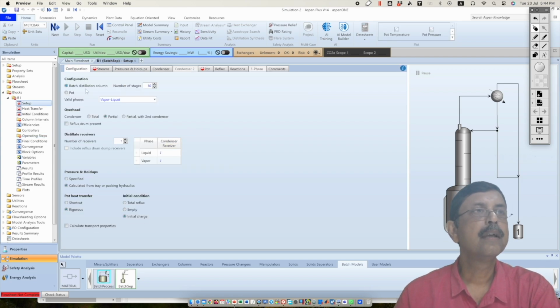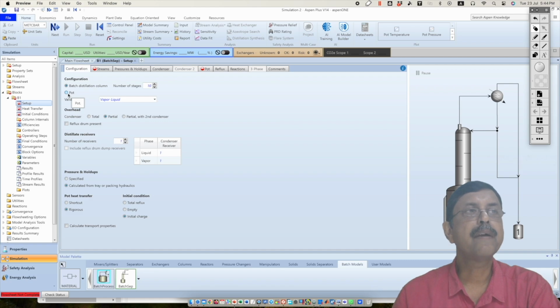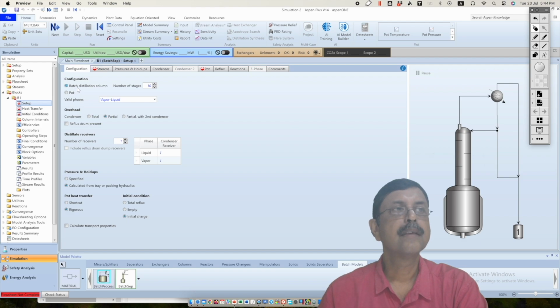Now here, you have to first specify the configuration. The configuration means you have to specify it either as a batch distillation column, or as a pot, just a simple pot. If you choose it as a batch distillation column, then you will have a pot plus a column like this.